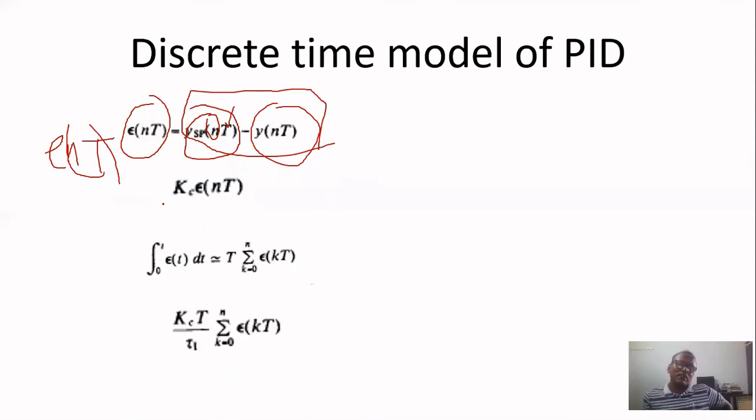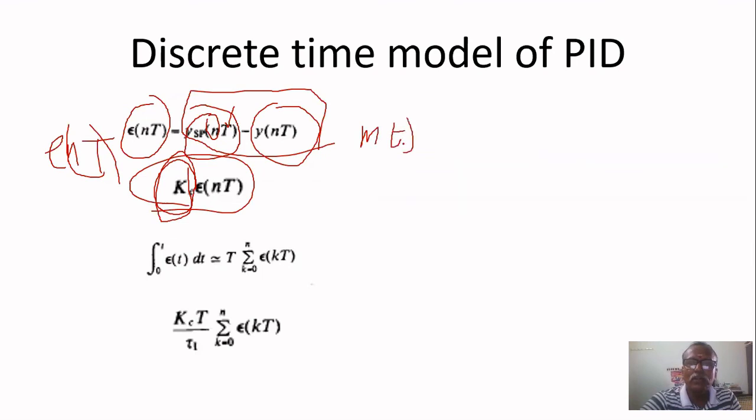If you multiply this by the proportional controller gain, you will get the proportional controller output. In the continuous domain, how will we write m of t? In the time domain, you will write Kc multiplied by e of t. We'll write that for a proportional-only controller. For the integral controller, what will we write?